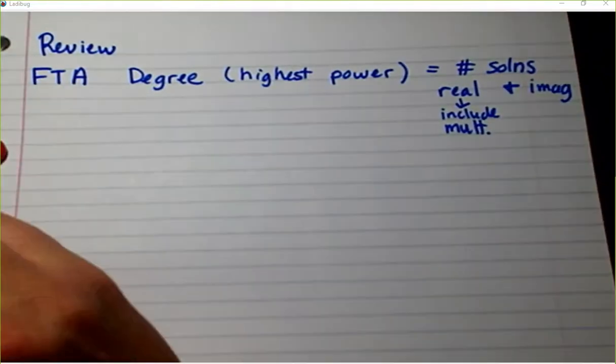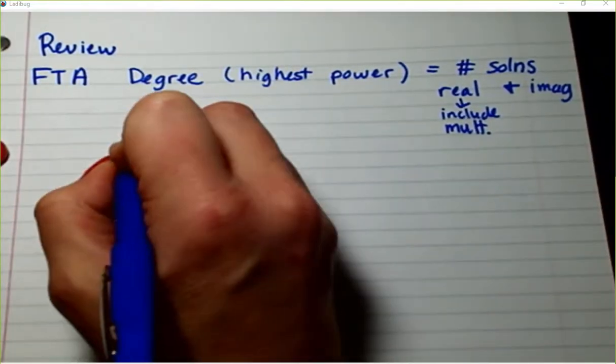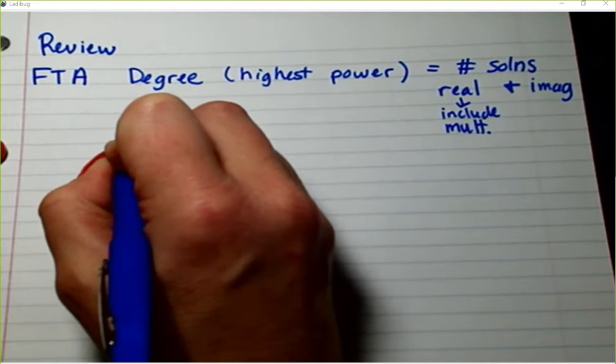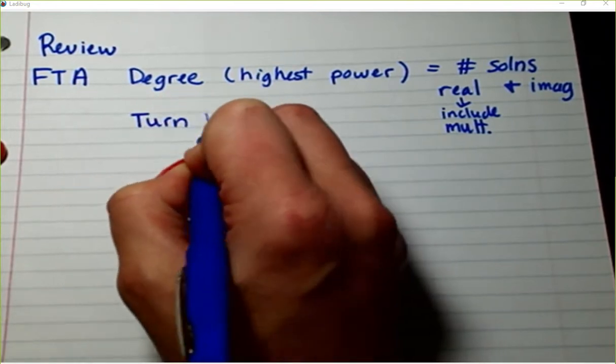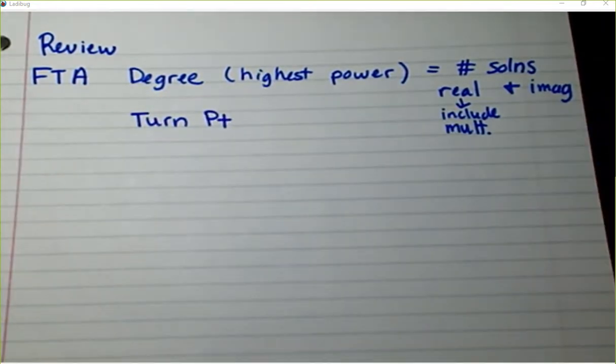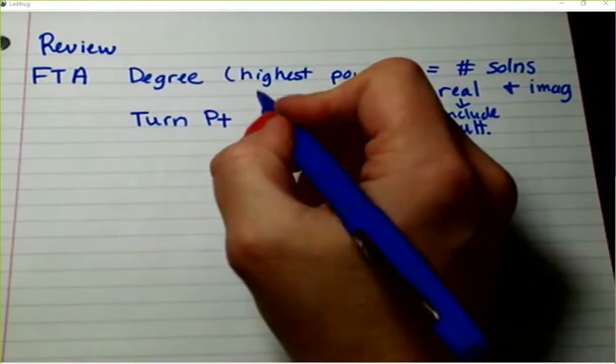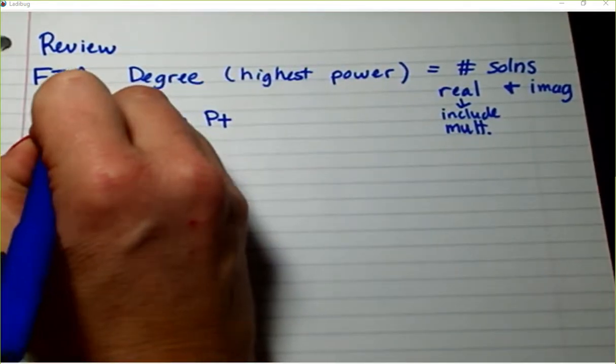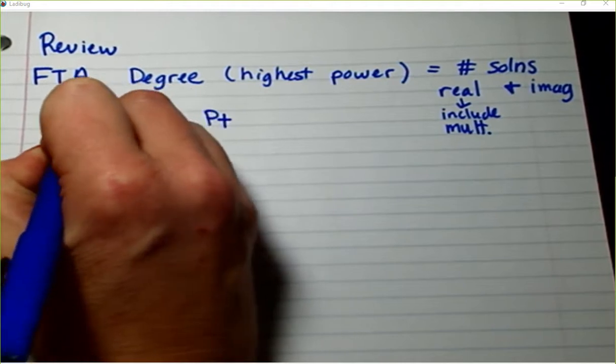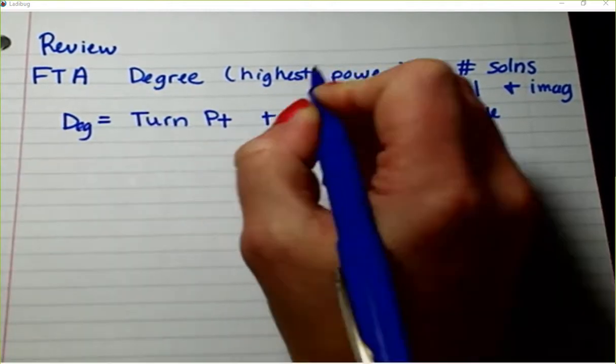So a quick example here, okay? Now I'm going to say turn points. Remember, the curvier the graph gets, the higher the degree, okay? So turn points plus 1.